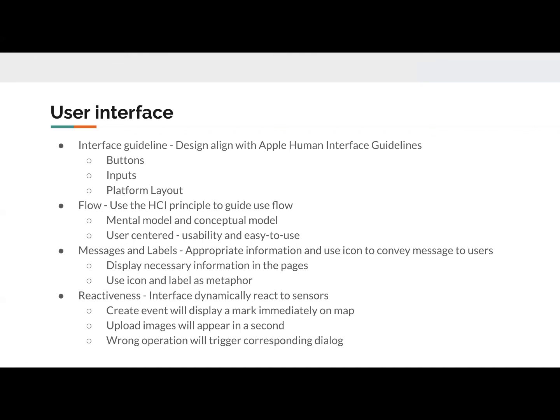For reactiveness, the interface dynamically reacts to sensors and changes. For example, a created event will display a mark immediately on the map, and uploaded images will appear in a second. Also, wrong operations will trigger corresponding dialogues as well.